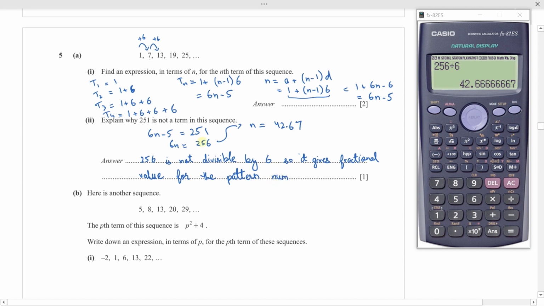So your pattern number n here is coming out to be a fractional value, which is not possible. You have the first term, the second term, 42nd term, 43rd term, but you cannot have a 42.67th term. So that is the reason: 256 here is not divisible by 6. So 251 that we equated here cannot be a term in this sequence because it gives a fractional value for the pattern number or the sequence number.